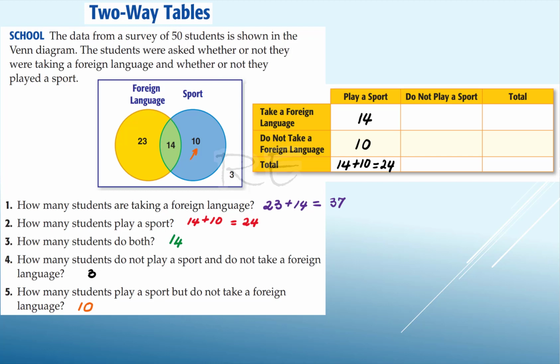Let's do it again. Do not play a sport but take a foreign language is 23. Do not play a sport and do not take a foreign language, we are outside of the bubble, is 3.